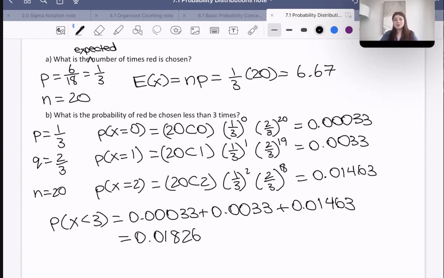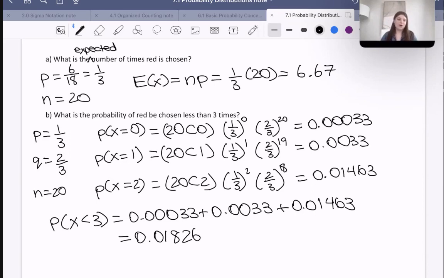If I'm pulling it out 20 times and every time that I pull out a ball, I get a red one 1 in 3 times, right? So even though it's 3 different scenarios, they're all extremely unlikely to actually happen, right? And so that's why this is such a small percentage, even though we're adding up 3 different categories, because all 3 of them are just very unlikely to happen.